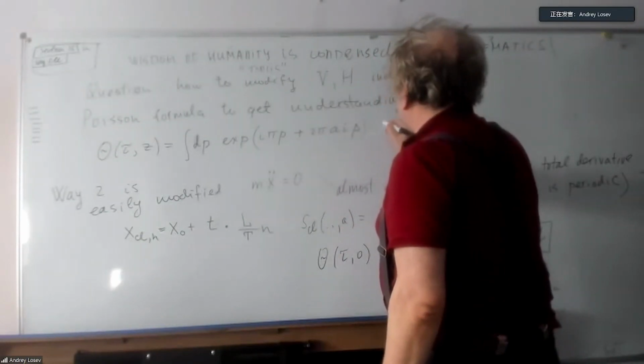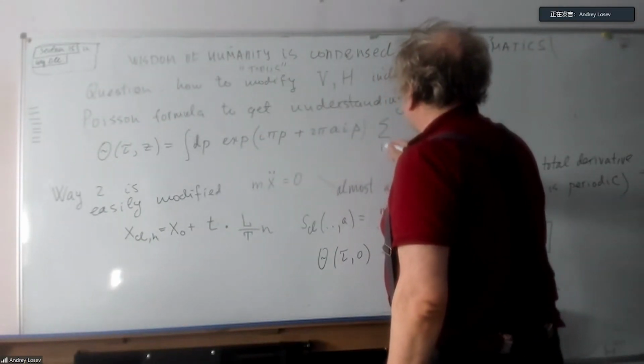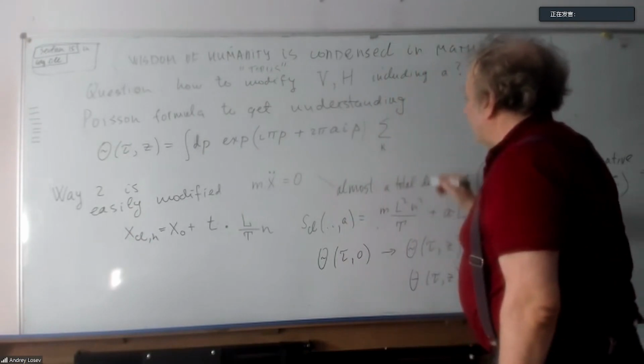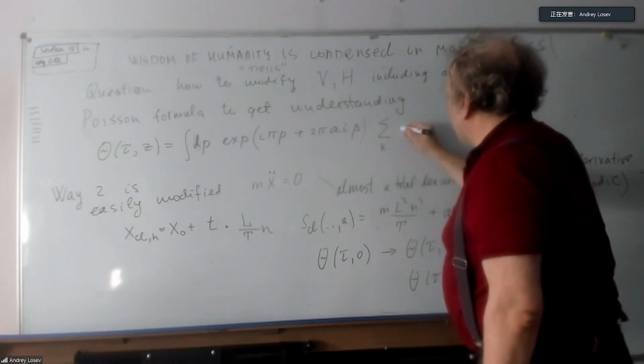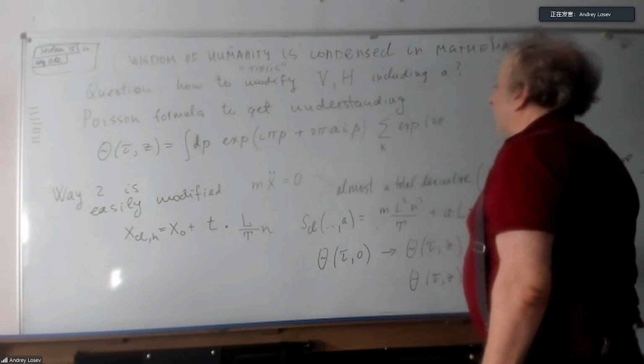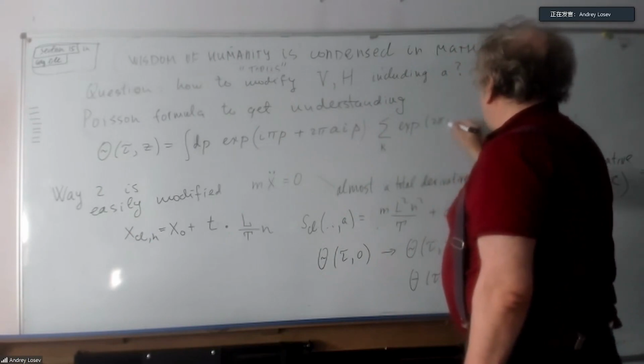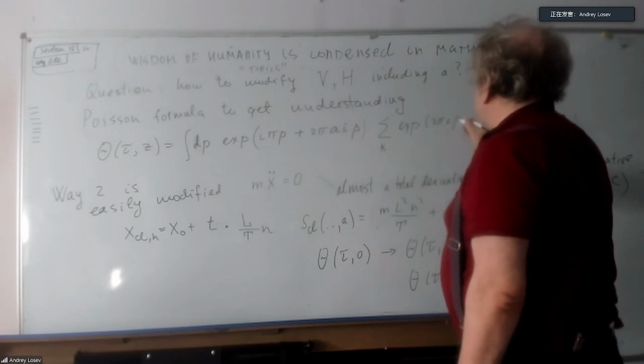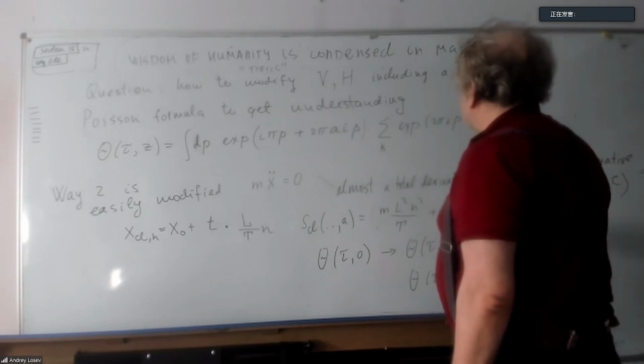And now I have here a sum over k. And what do I have here? I have exponential 2 pi i p k.